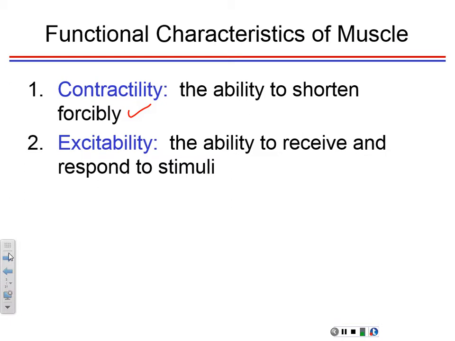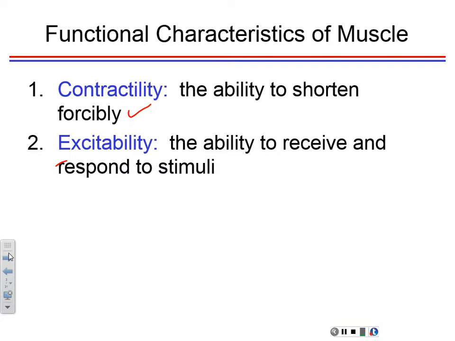And then there's no point in a muscle being able to generate all this strength when you cannot excite it. It's like when you're trying to talk to your friend and your friend is busy trying to ignore you, there's not going to be any connection. So muscle has the ability to be excited: you can send a nerve impulse to it and it will respond by contracting forcibly and producing a force.